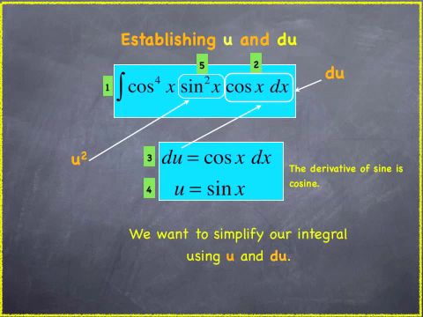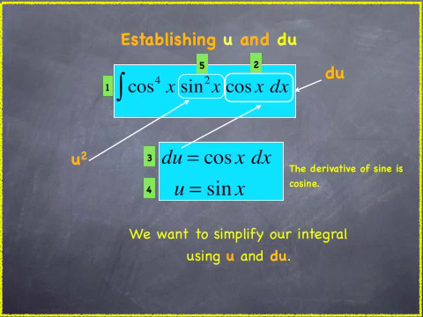Okay, so here we have item 1, and as you can see in item 2 we have our du that we've already established. In item 5, sine squared is going to wind up being u squared, and I'll show you how that all happens. Let's move to 3. You'll see our du, as I said, is our cosine of x dx. We already had established that. And if that's the case, since du is cosine, that means u has to be sine in item 4.